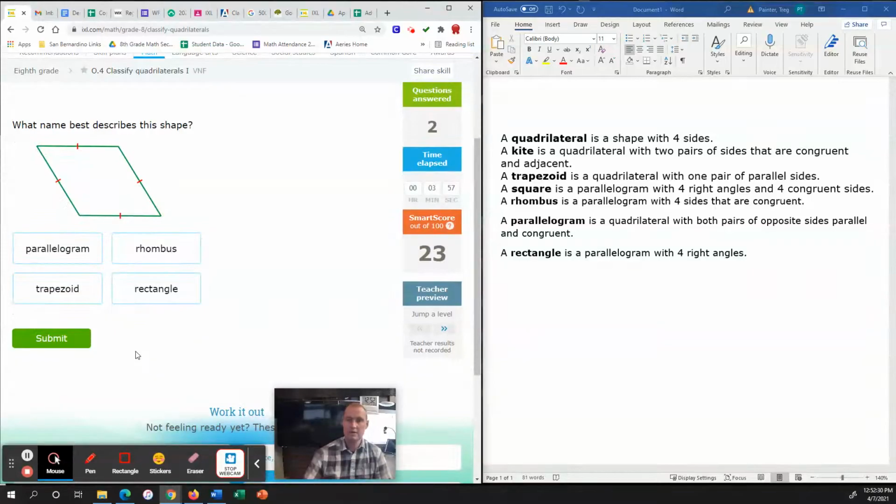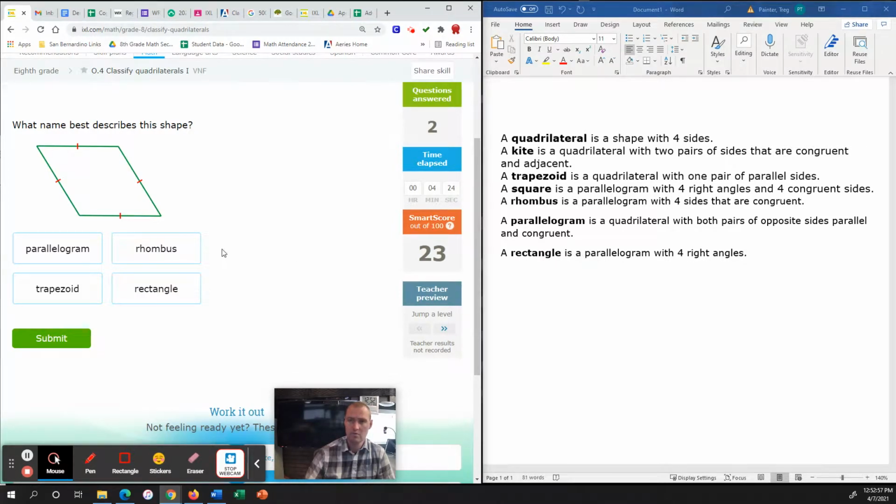All right, what name best describes the shape? It is a parallelogram. It is a rhombus. It is not a trapezoid, and it's definitely not a rectangle. So now we have 2 right answers between parallelogram and rhombus, but we want what best describes the shape. Going back to our definition, a parallelogram is just a generic quadrilateral with both pairs of opposite sides parallel and congruent.